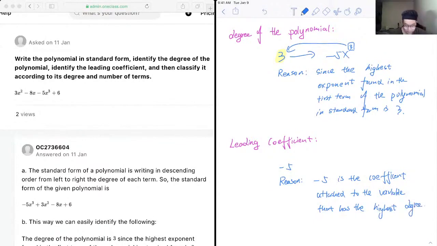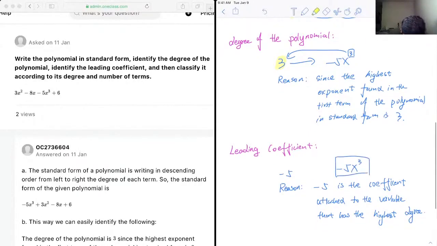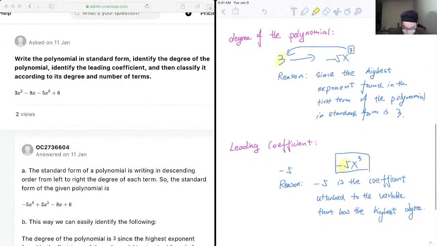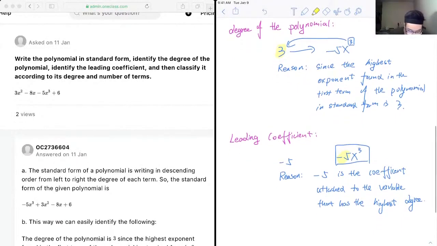So in our case, the variable that has the highest degree would be negative x cubed, and in this case, negative 5 will be the leading coefficient, since it is the coefficient attached to the variable that has the highest degree.